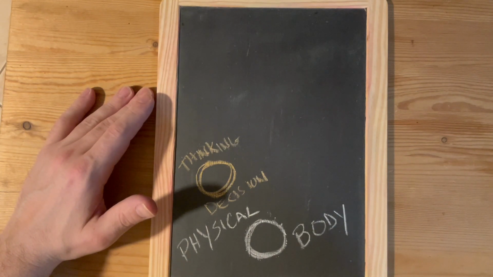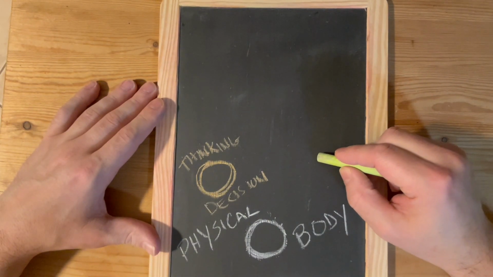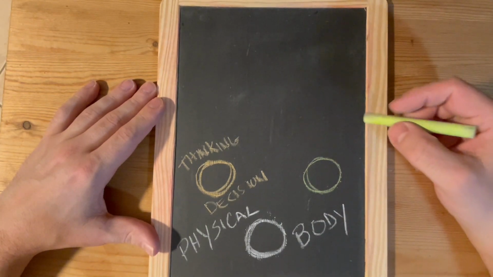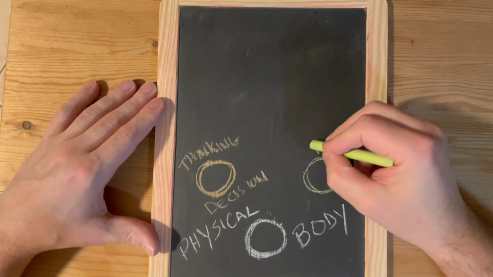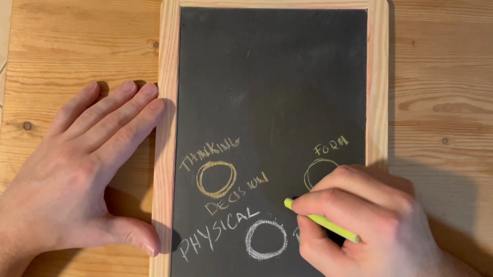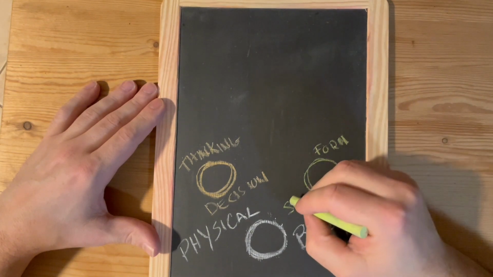Then we're going to move to here, to the right, and this is going to be the form, or we could also call this the style of the player.